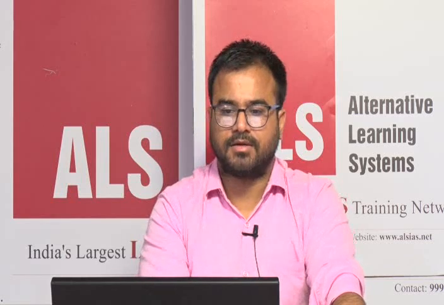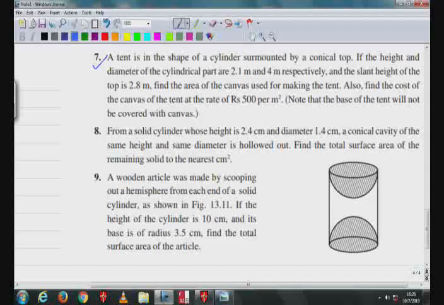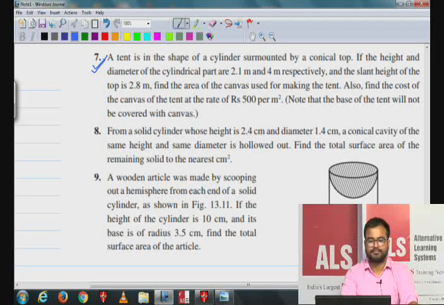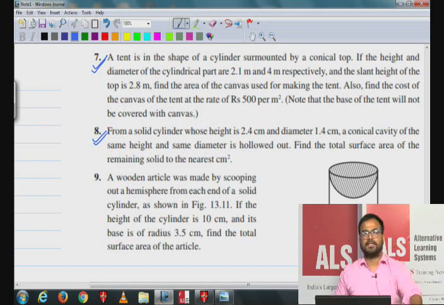Try question number 7. A very good question. 7 and 8. Both are good ones. Try these two.